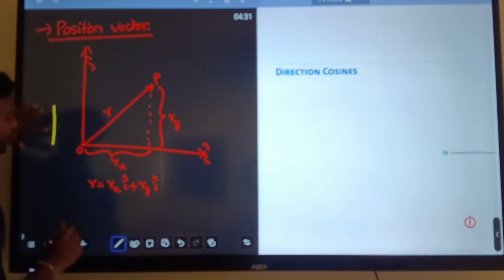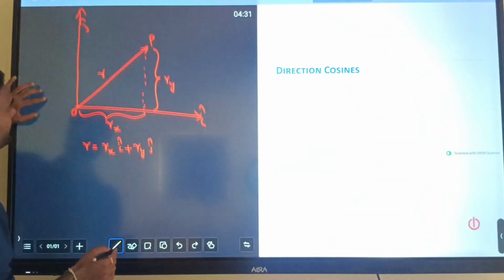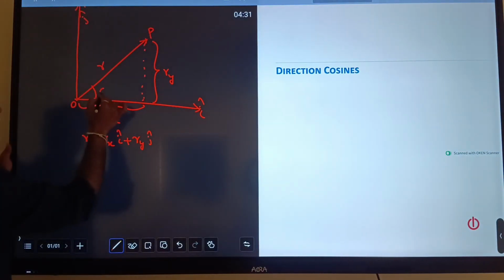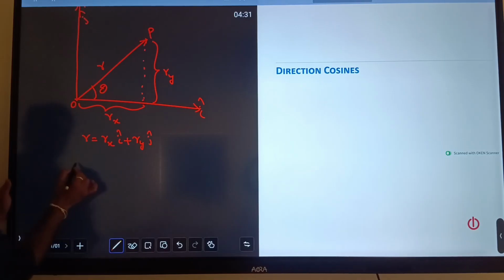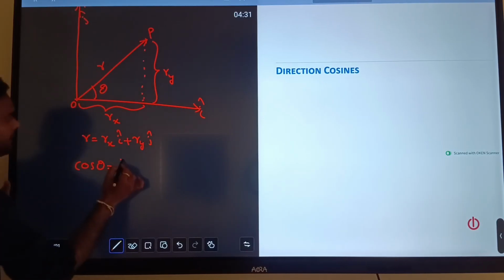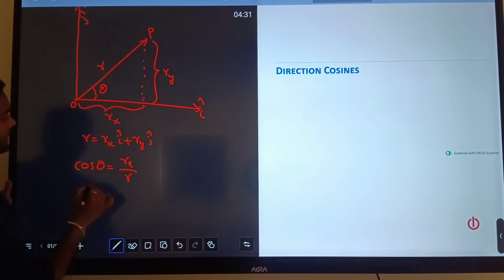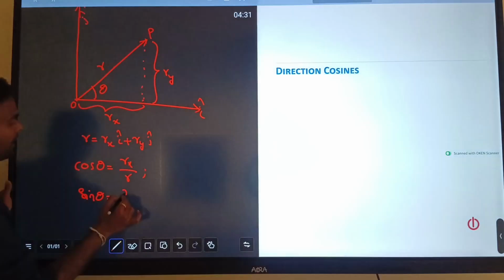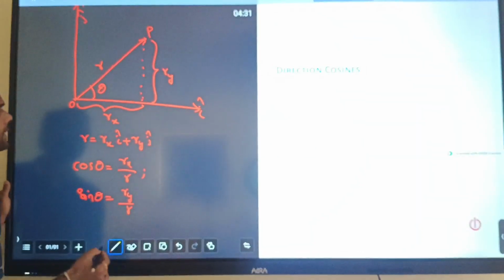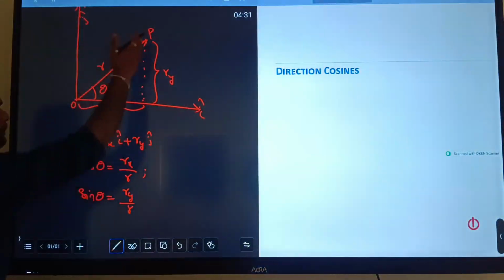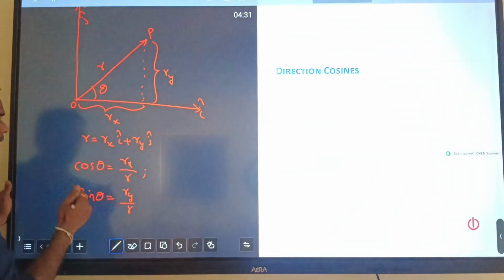Now the next part: see here, if it is making an angle theta here, can I write now cos theta is equal to rx by r, adjacent by hypotenuse. Now sin theta is equal to ry by r, opposite by hypotenuse.